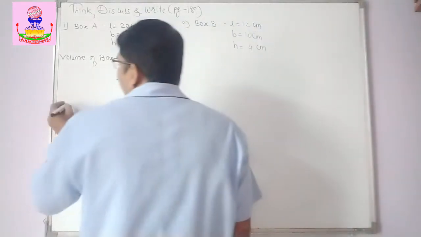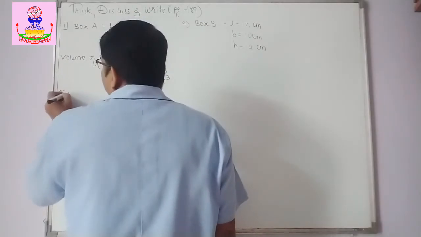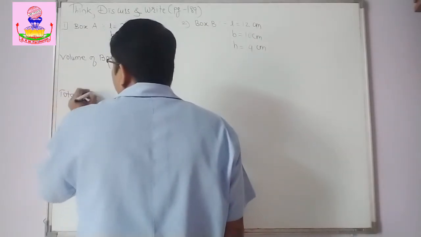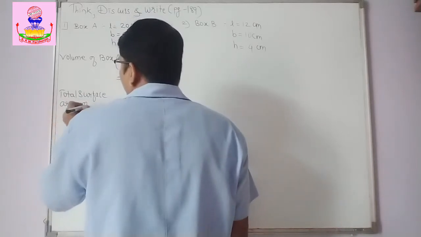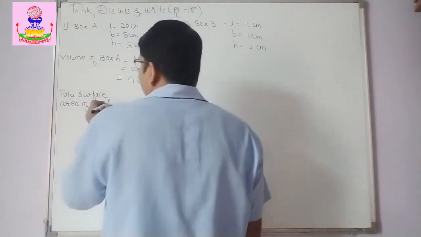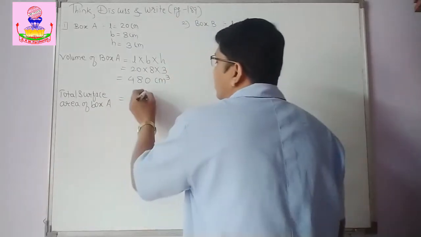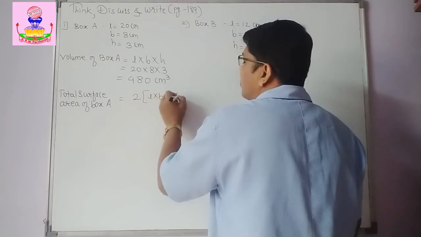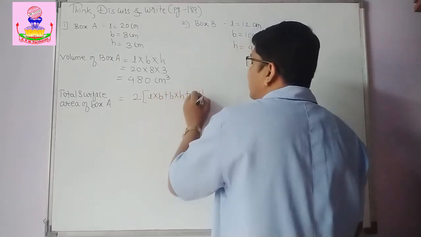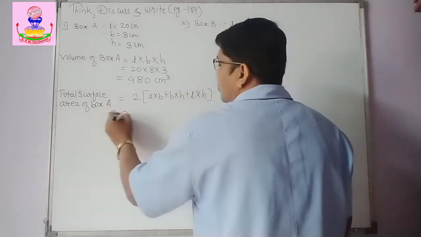Now let us find out the surface area. So total surface area of box A. So what it is? Cuboidal. So 2 into L into B plus B into H plus L into H. Right?